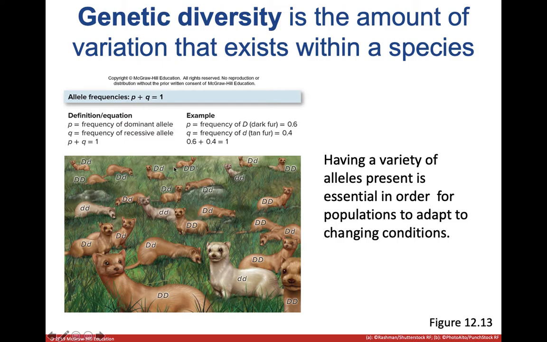Now, this can result from things like a bottleneck effect, where a large population is removed from the gene pool, and you have a small population that has just a bunch of little d's and things like that. You can have a genetic bottleneck that makes the genetic diversity very small, reduces the genetic variability.